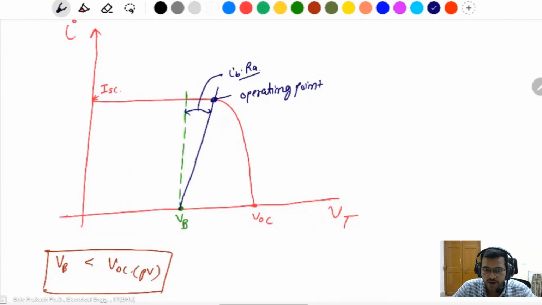If the load profile of the battery is matched to the PV panel, then you can connect the battery directly to the panel. But if the characteristics are not matched, then you can't connect it. In that case, you require a DC-DC converter or charger.